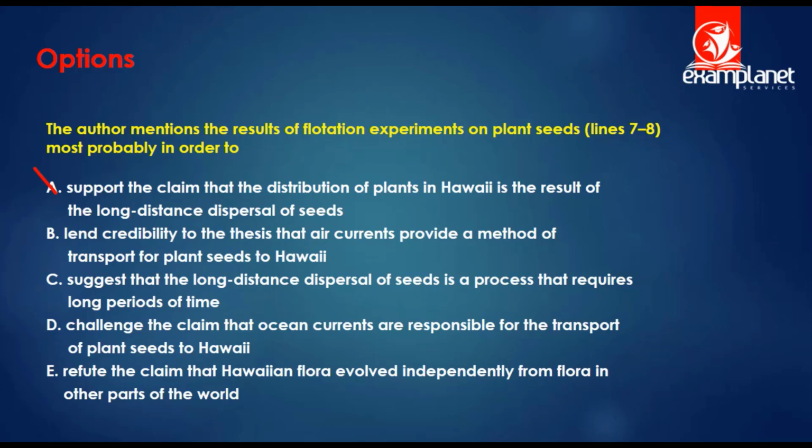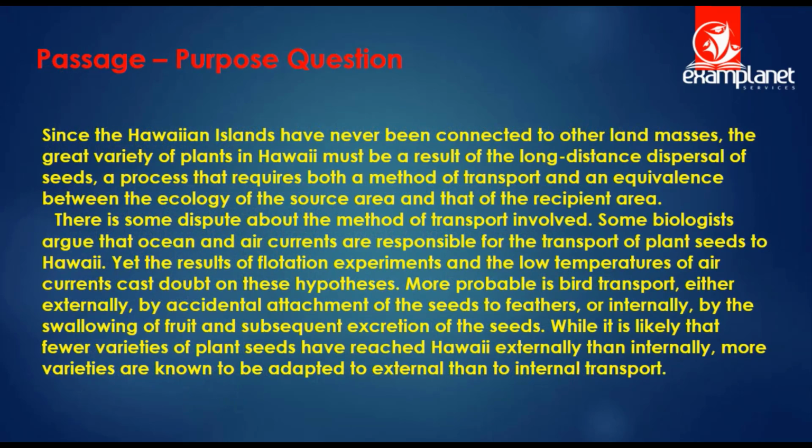So option A is not correct, option B is not correct, option C is not correct. Thus, answer choice D is the answer key, that is, to challenge the claim that ocean currents are responsible for the transport of plant seeds. You can trace that through in the passage.